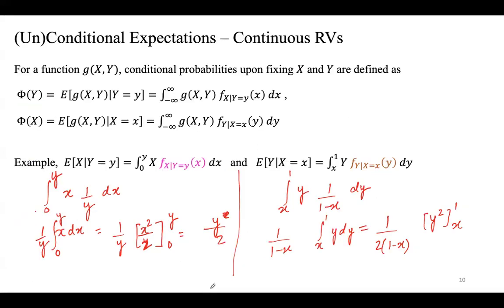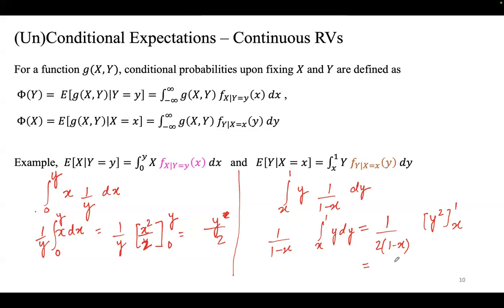But here, integration of y square by 2, substituting the upper limit 1 square minus x square, take the 1 by 2 outside. I am still solving it. A plus b into a minus b will come, no? 1 plus x will come. Wait, I'm solving.